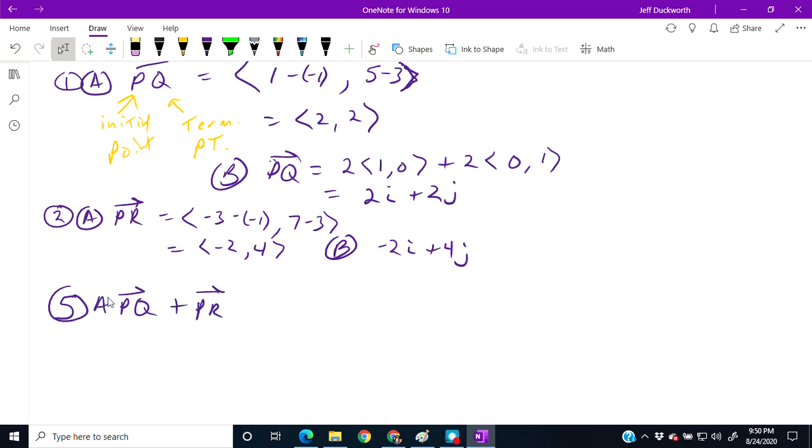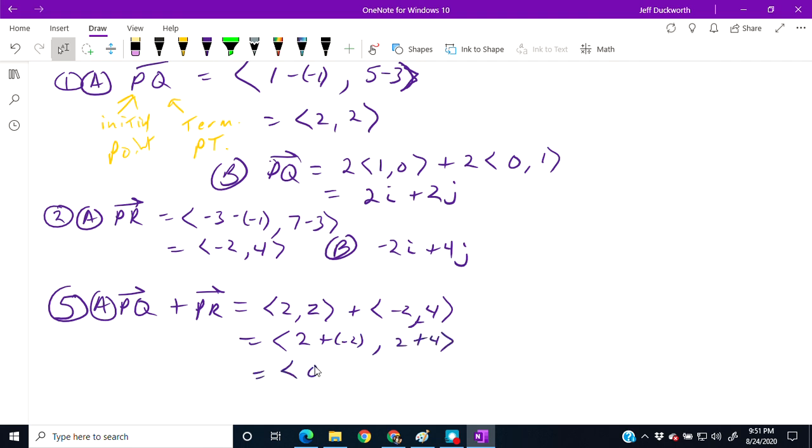And let's do part A. So that equals (2, 2) plus (-2, 4), which equals, now we add them component-wise, so that's going to be 2 plus a -2, and then 2 plus 4, which is equal to 0 and then 6.